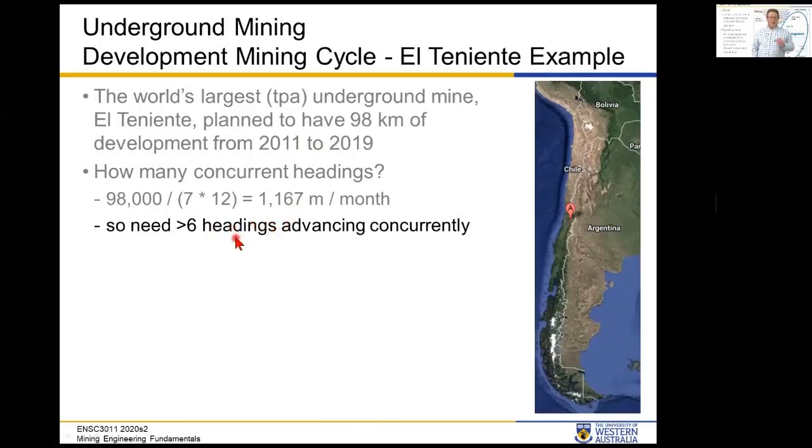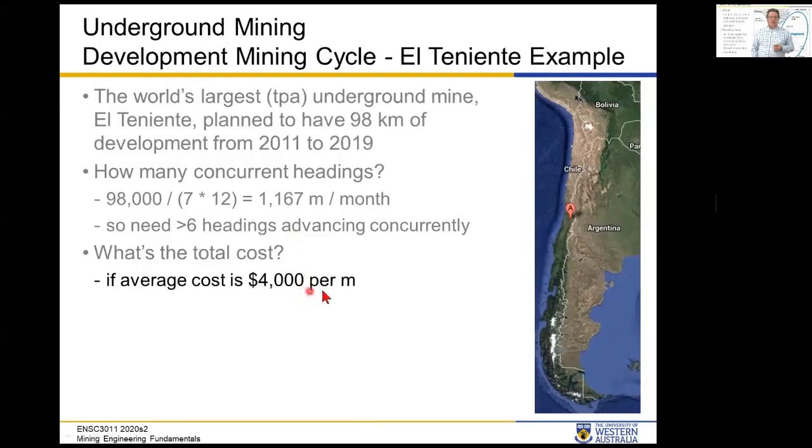You might go with 7 to be totally confident. So you need a lot of equipment. Cost, the average cost is $4,000 per metre. That's a lot of money, $390 million. So you'd be looking at trying to reduce that cost, trying to improve the meterage, trying to reduce the kilometres if you can.